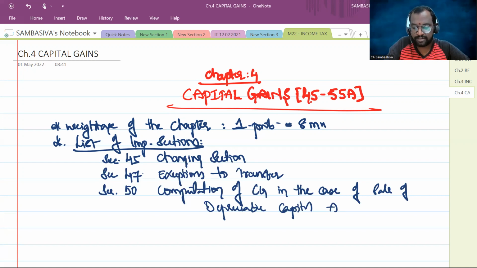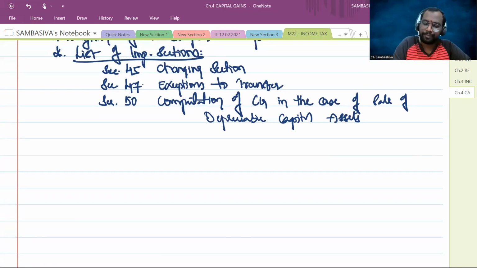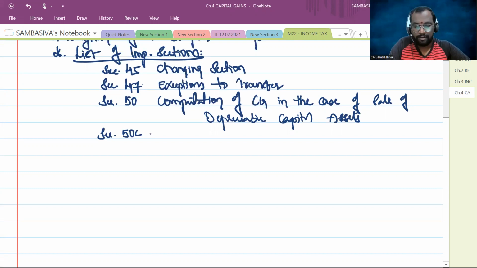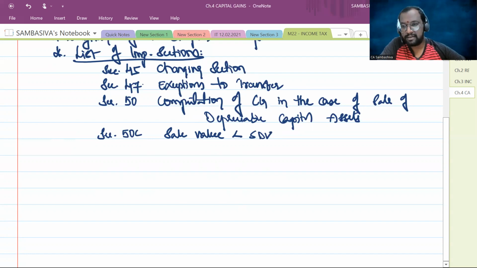And then we can take section 50C, where the sale value is less than stamp duty value. In this scenario, we have to take full value of consideration. FVC, full value of consideration, is equal to stamp duty value.